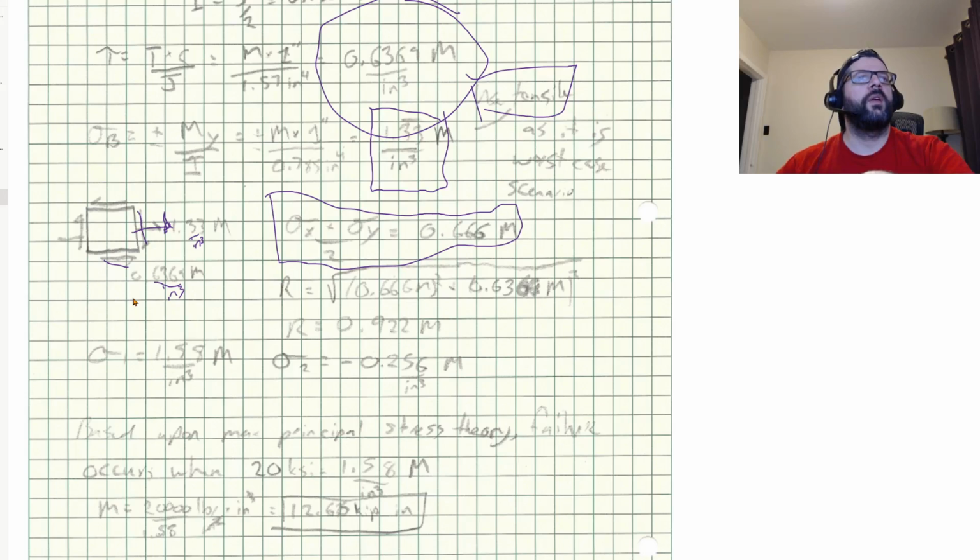And then our R ends up being based upon the difference between this and this, which since the other one was 0, just ends up being the square root of 0.666 M squared plus 0.6369 M squared.